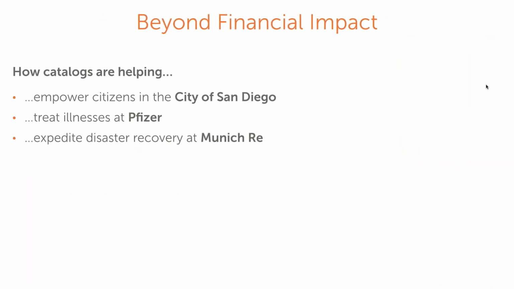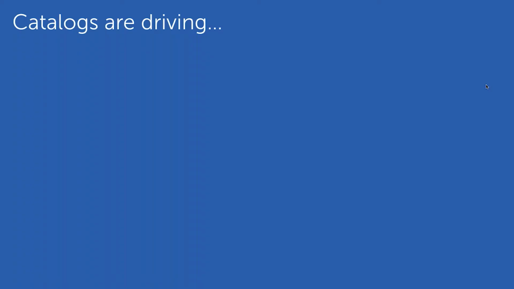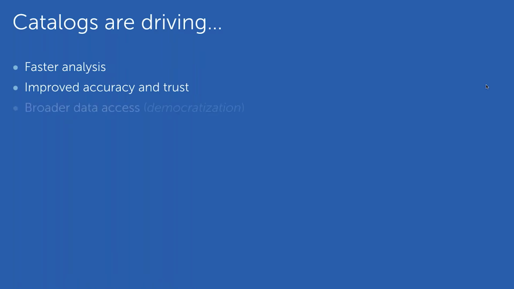So now again, we see catalogs helping in the public sector, in healthcare, and in reinsurance, adding that on top of what we saw with Express Scripts and eBay and Albertsons. We can see in summary that catalogs are driving faster analysis, improved accuracy and trust in the data, and broader data access.